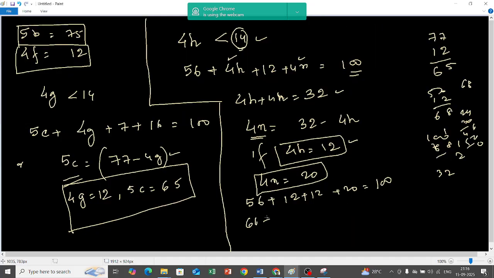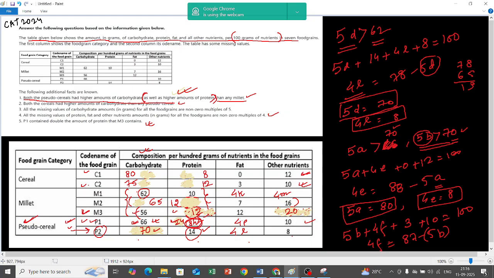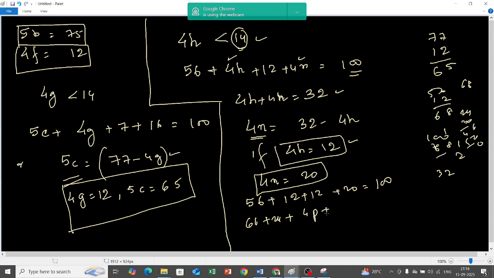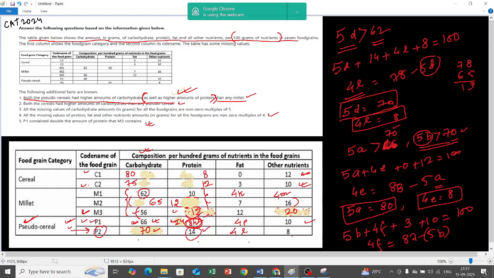If that is the case, we can find out 4p now. See, 66 plus 24 plus 4p plus 10 equals 100. From here, let me find out 4p. What is 4p coming? 0, right? 4p is coming as 0, but 0 cannot be the answer.